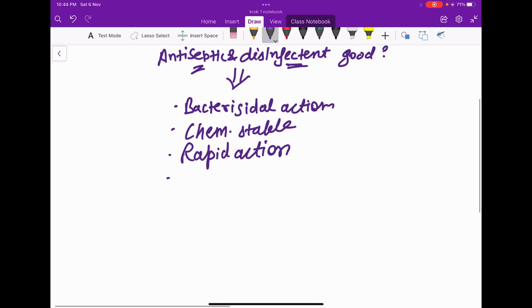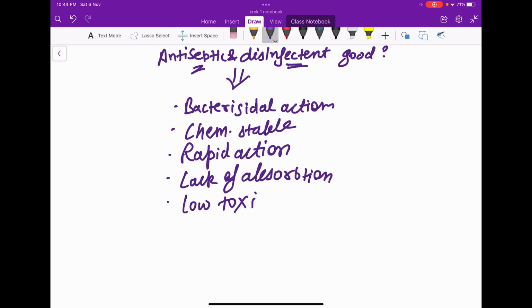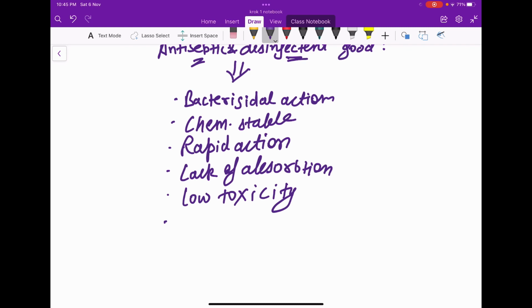Thereafter, it must have lack of absorption. Thereafter, it must have low toxicity. Thereafter, the efficacy in the presence of different organic substrates such as pus, blood, sputum must be high.